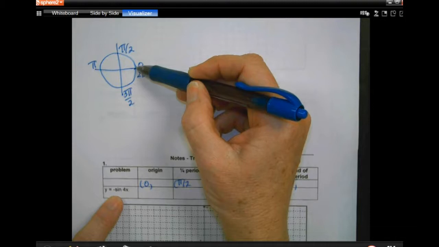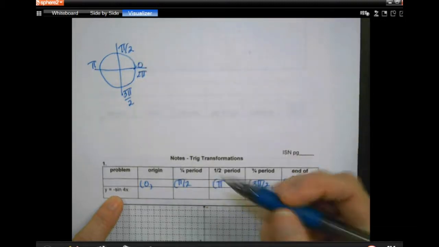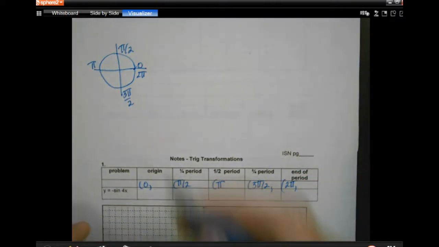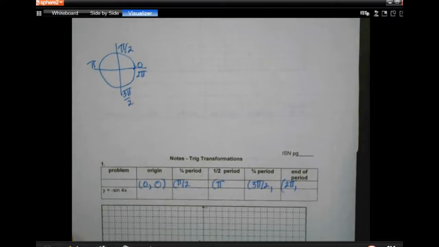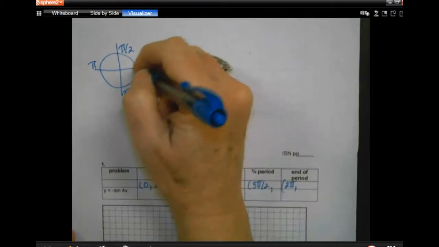So at 0, what's my y value? Okay, use your little hand if you have to. At 0, I want to know what's the y value. How many fingers are below? 0. So the value is 0.